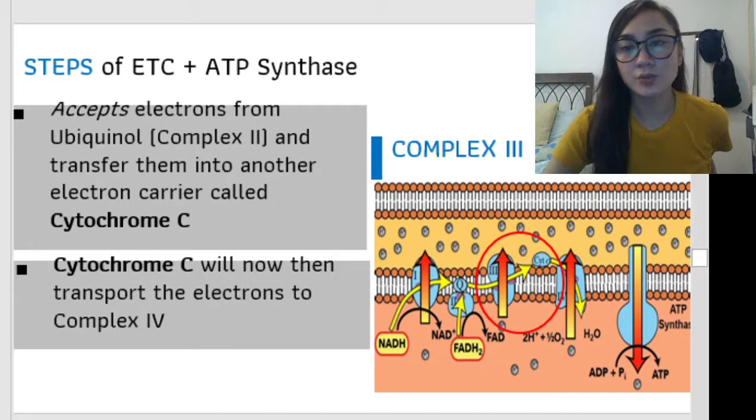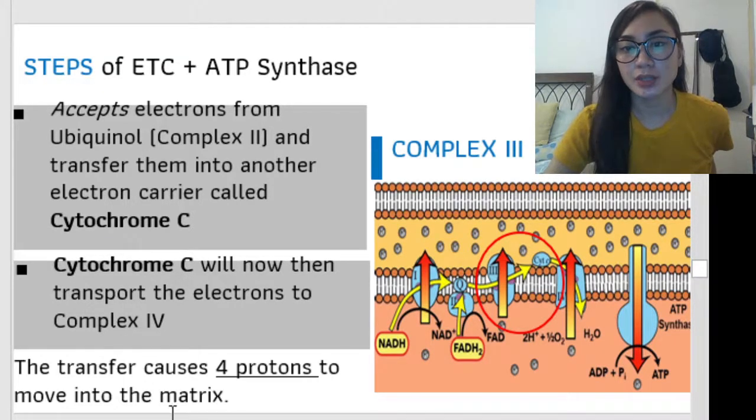So, cytochrome C will now transport the electrons to complex 4. So, yung transfer na to, it will cause 4 protons to move into the matrix. So, kung makikita nyo, there will be a flow down.